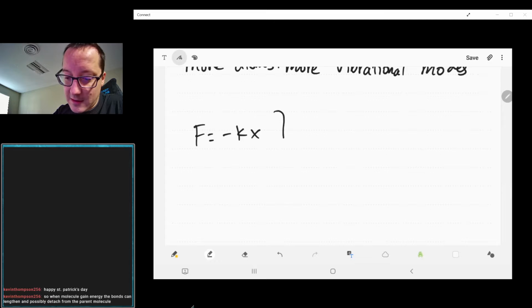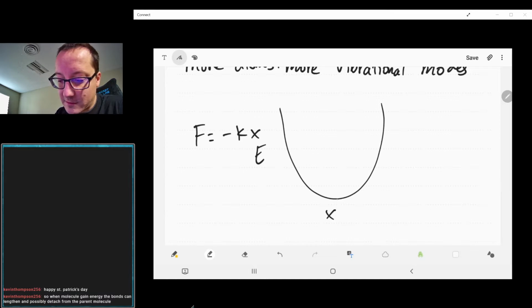Normally you think of Hooke's law like this, right? Where you have energy and then displacement. So for a spring, the more you stretch the spring, the higher the energy goes in either direction. If you compress it, it wants to re-expand. If you expand it, it wants to contract, all to get to that kind of zero energy.